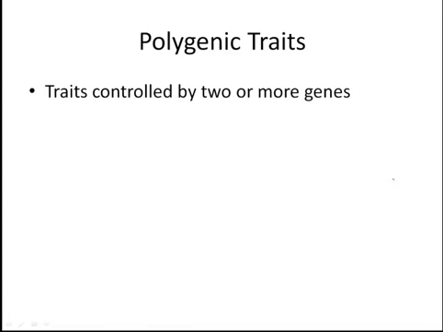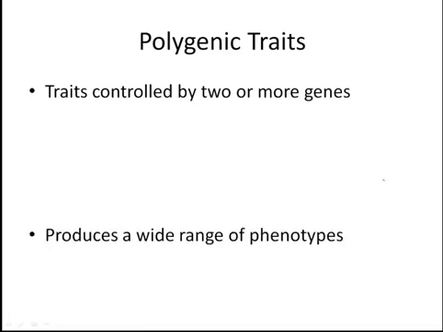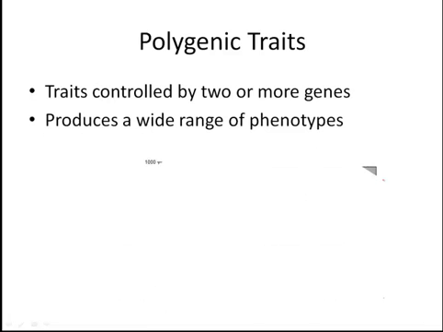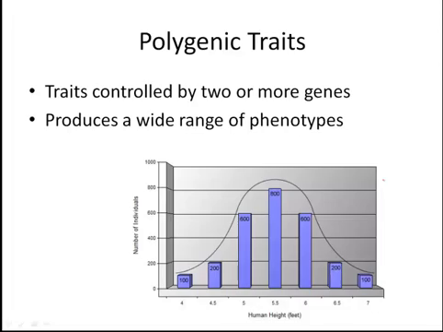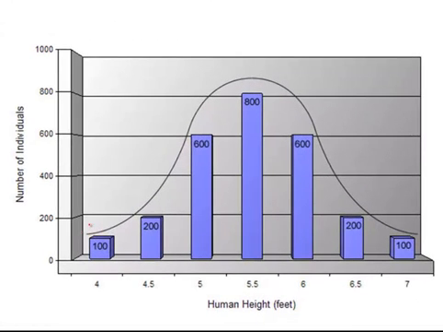You also get a variety of phenotypes when you're looking at polygenic traits. These are traits that are controlled by 2 or more genes, and you get a very wide range of phenotypes when this happens. So if you think about human height, some people are at the extreme short end, very few people are at the extreme high end. Most of us fall somewhere within the middle range, and that would be average.